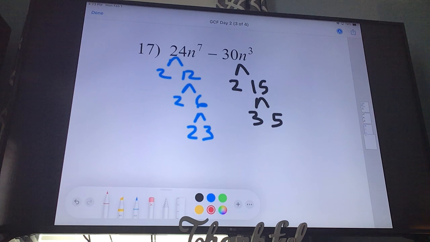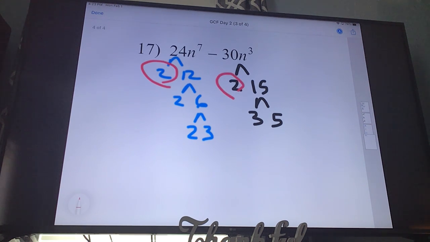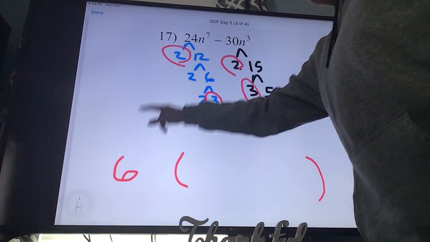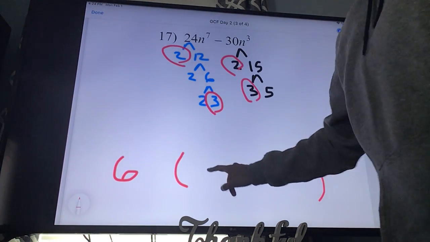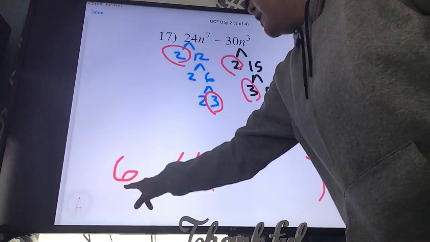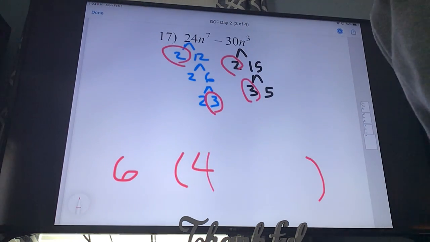We got a 2 and a 2, and this one's got a 3 and a 3, and I got 2's left and 5's left, and none of those are going to work. So on the outside, it's really going to be 2 times 3, which is 6. So 24 divided by 6 gives me 4, and 30 divided by 6 gives me 5.